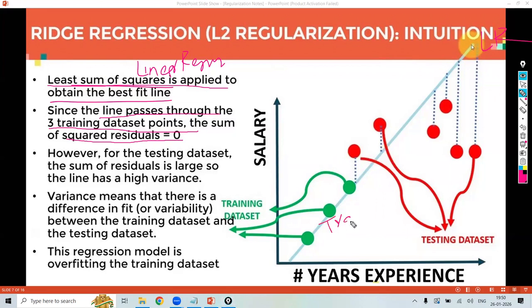The train error is 0. The test error is this, everything is error now. If you calculate the sum of the errors, automatically the test error is very high. So test error is high, train error is low. What is this type of problem called? Overfitting problem.